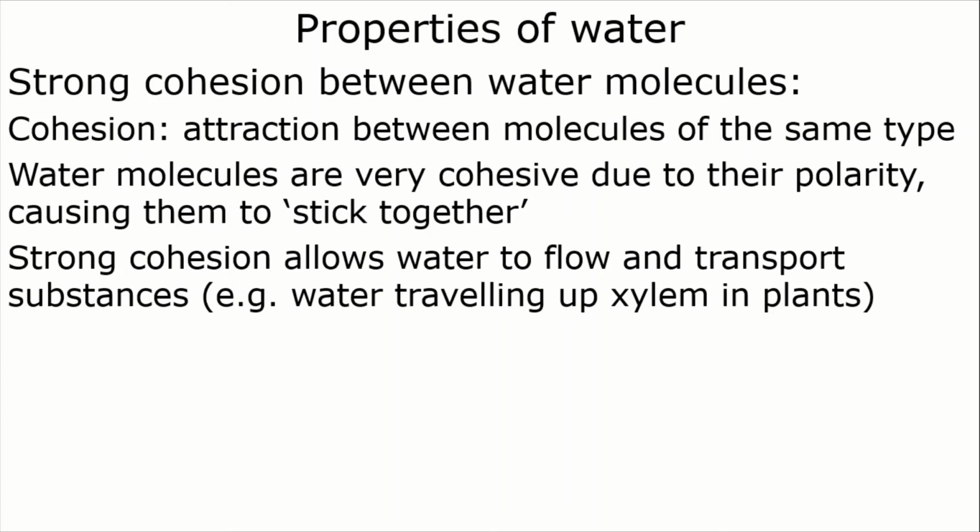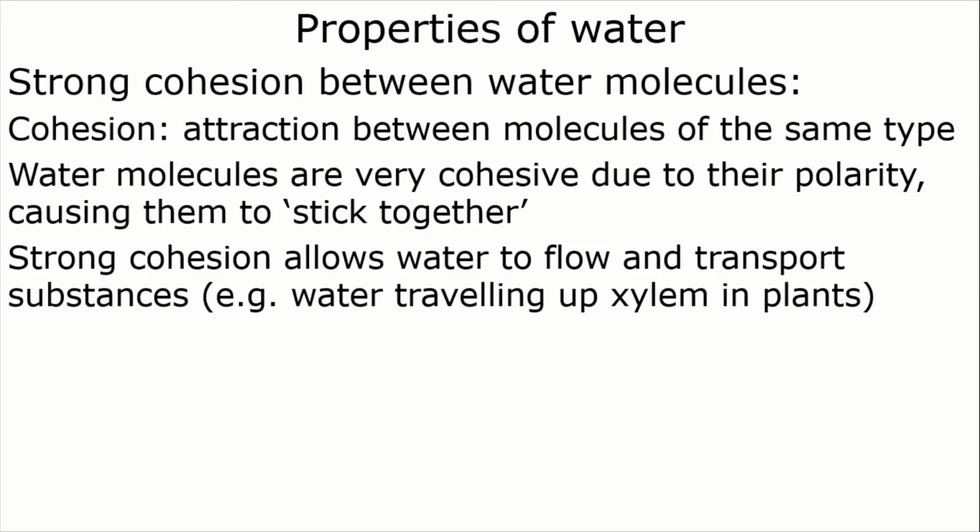So because of the slight negative and slight positive charges and this hydrogen bonding occurring between the water molecules, they aren't stuck together, but they are bonded by these hydrogen bonds, and so one big cohesive unit essentially. And this cohesion allows water to flow and transport substances.